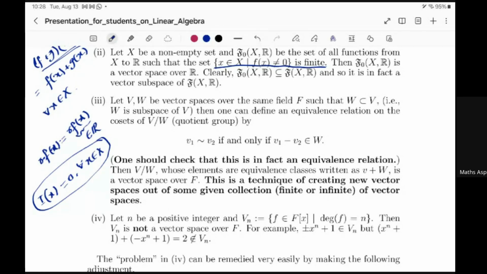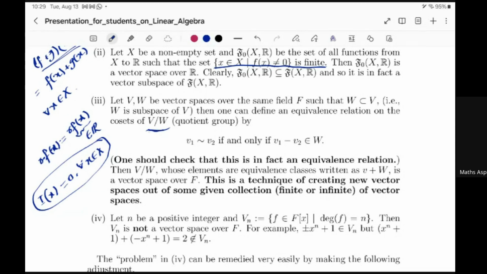If you have two vector spaces V and W defined over the same field F, and we also assume that W is a vector subspace of V, then we can define an equivalence relation on the set of cosets.